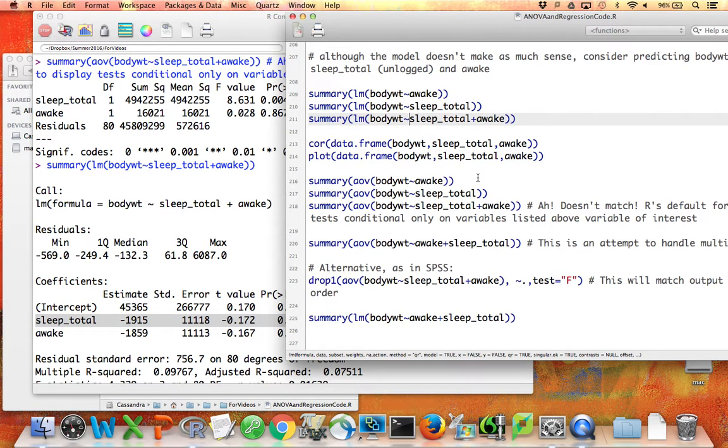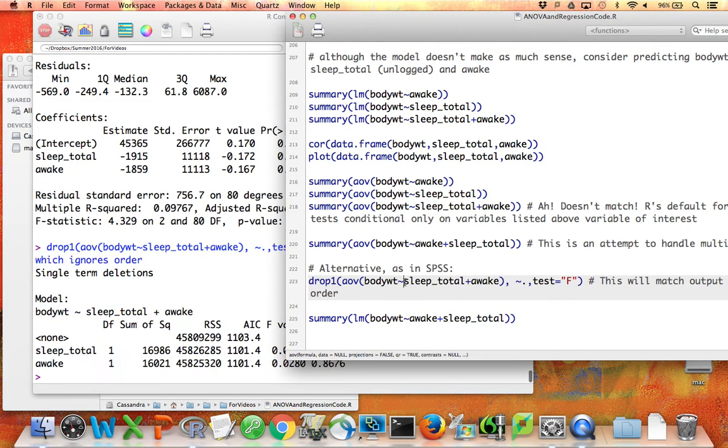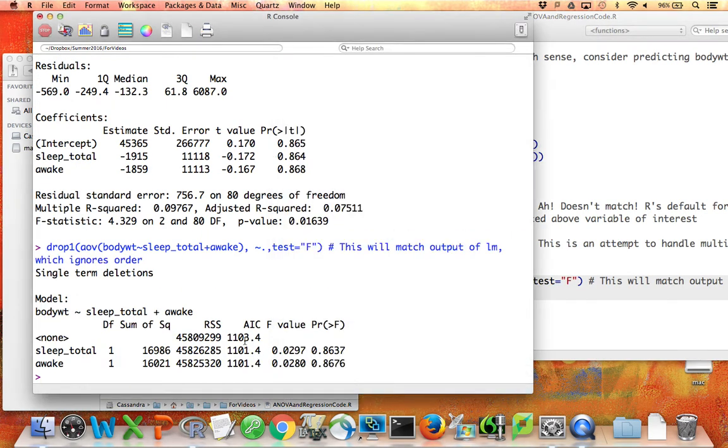There is a way to run an ANOVA in R that does not have this problem. Okay, so for example, if I run this line right here, now I have, and it looks a little bit funny, but now I have a row for sleep total and a row for awake with p-values that do match the output from the linear regression, right?